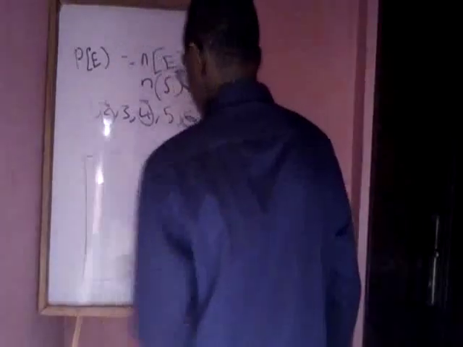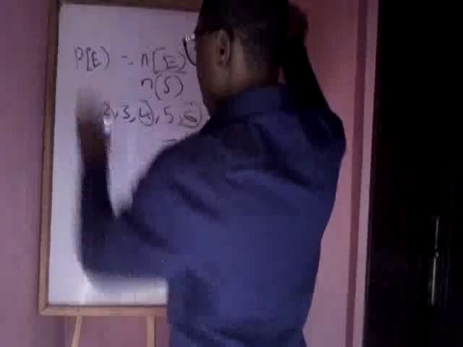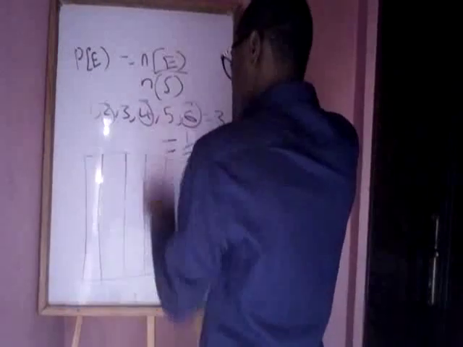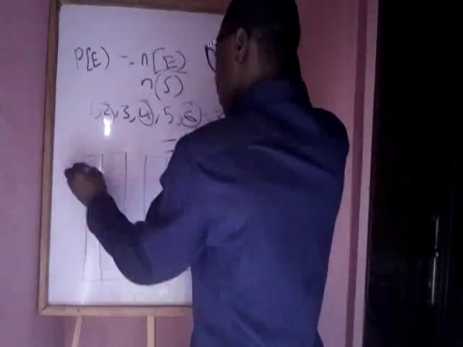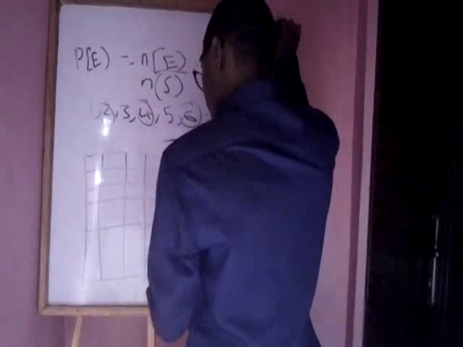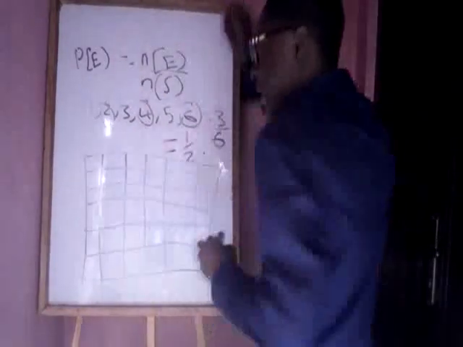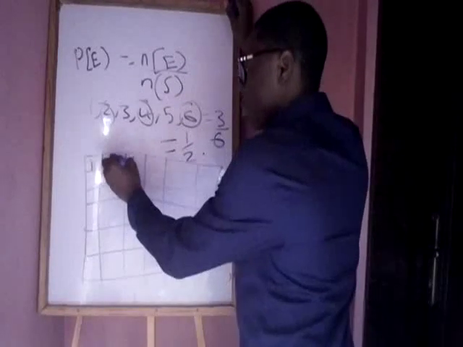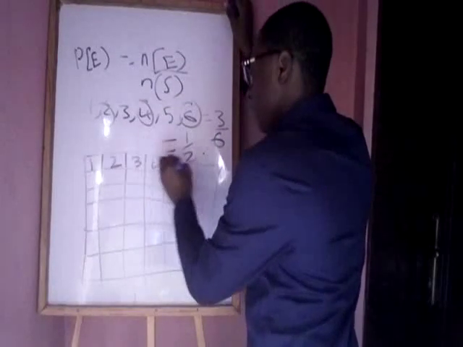This is a table of the possible values that you can get. For the first die we have 6 numbers: 1, 2, 3, 4, 5, and 6.